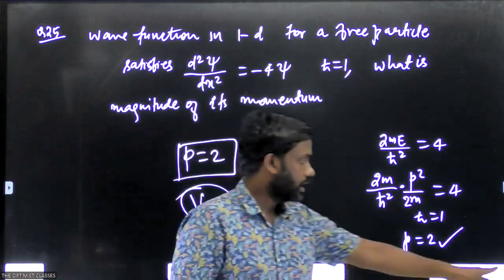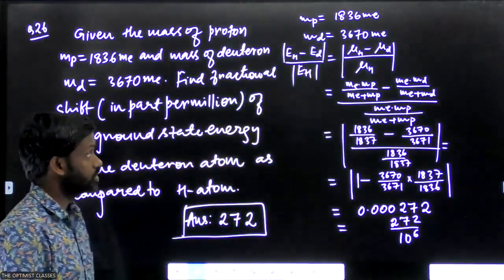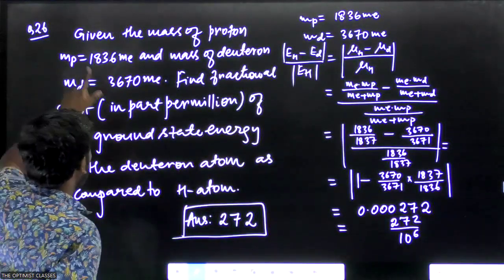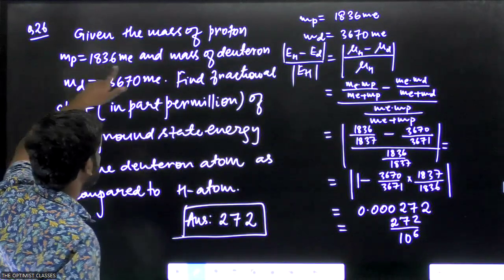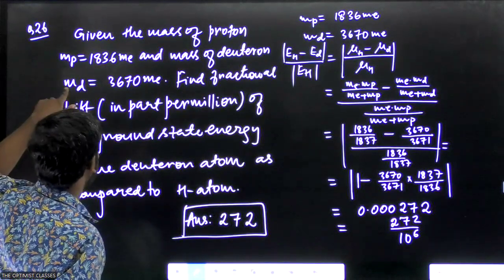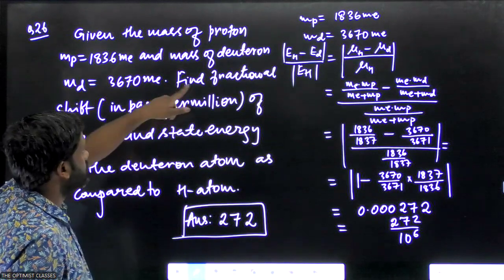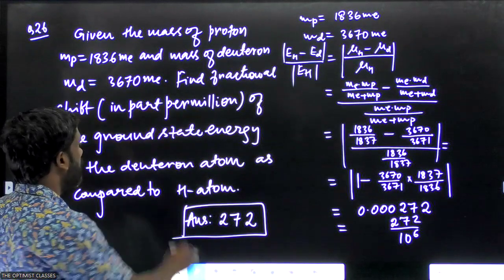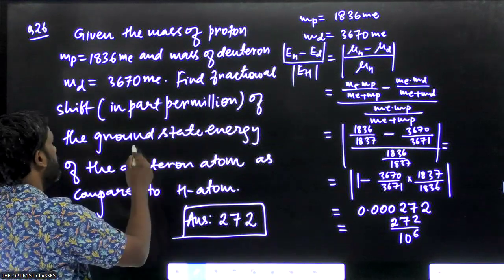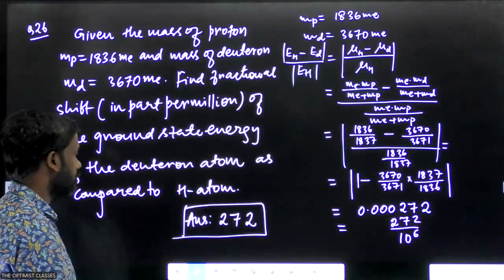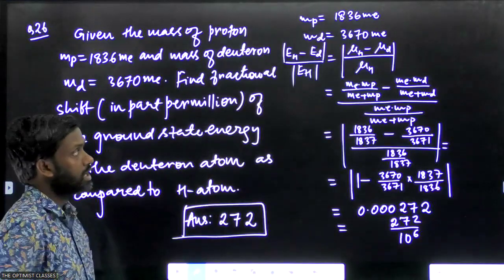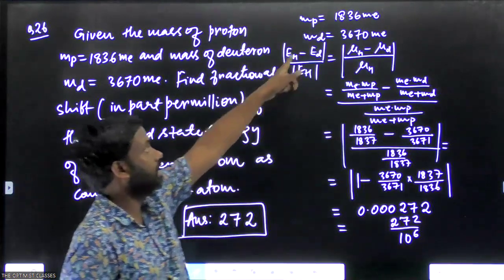Okay. Now next question. It says that given the mass of proton is this much and the mass of deuteron is this much, find the fractional shift in parts per million of the ground state energy of the deuteron atom as compared to the hydrogen atom. So the fractional shift we will write like this.